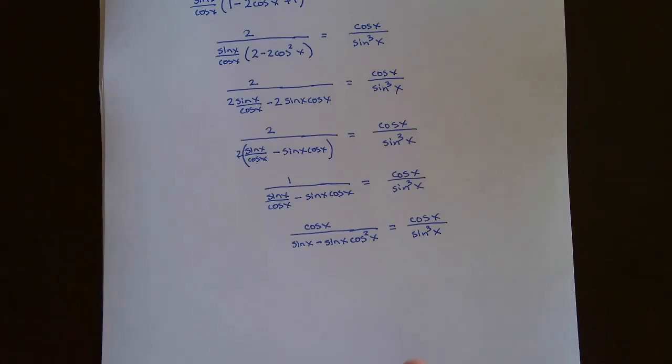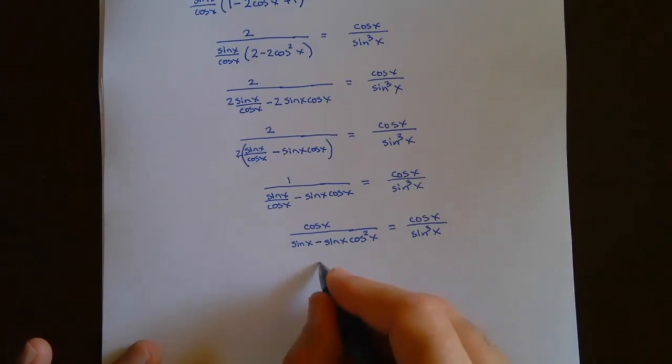See how it's starting to reveal itself? So what could I do next? You're looking at this and going, well, they both have what in common? There's a product here because the sine cubed means it's a product. So we could factor out a sine x.